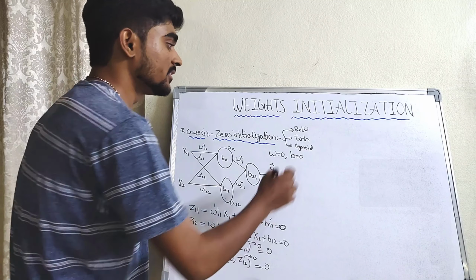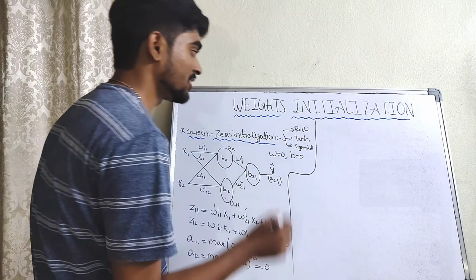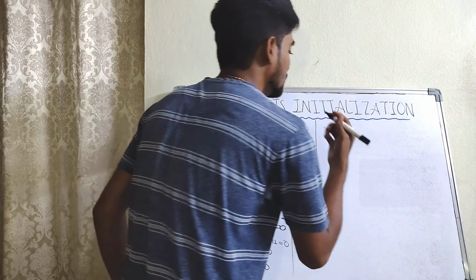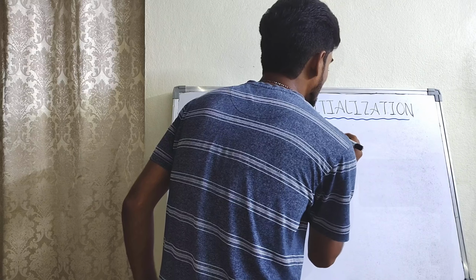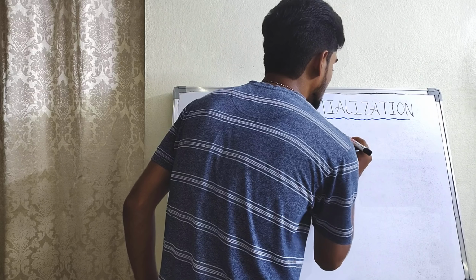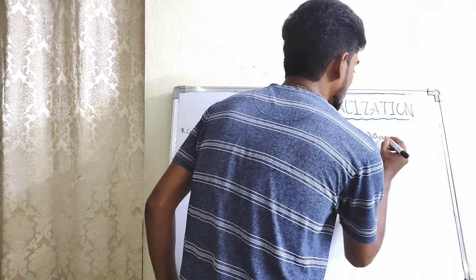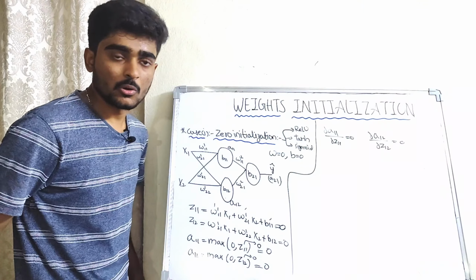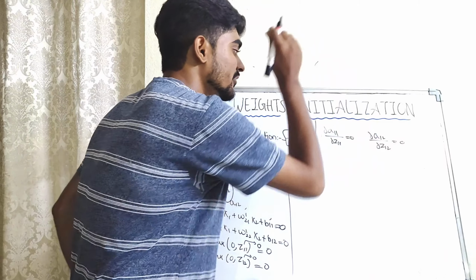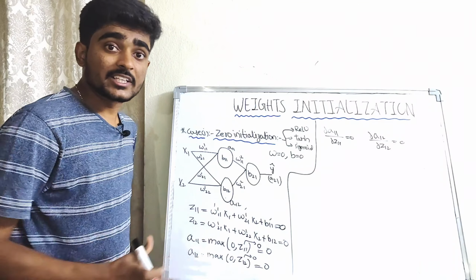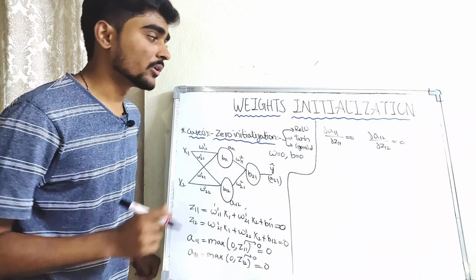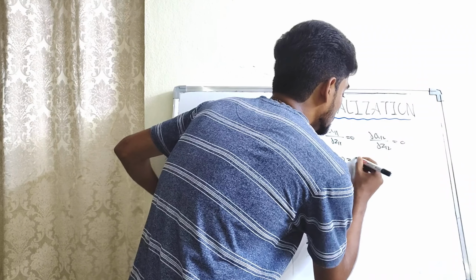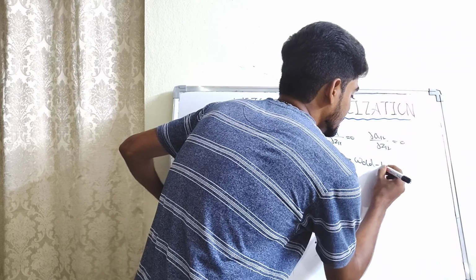Now the activations are 0. The derivatives of these activation functions with respect to z11 and z12 are also 0. That is, dou a11 by dou z11 is equal to 0, and dou a12 by dou z12 is also equal to 0. When we update the weights, we do gradient calculation.